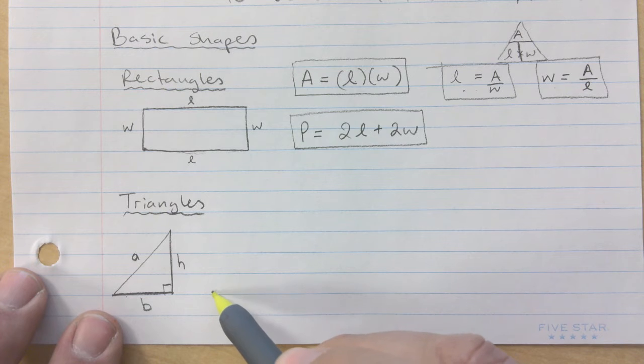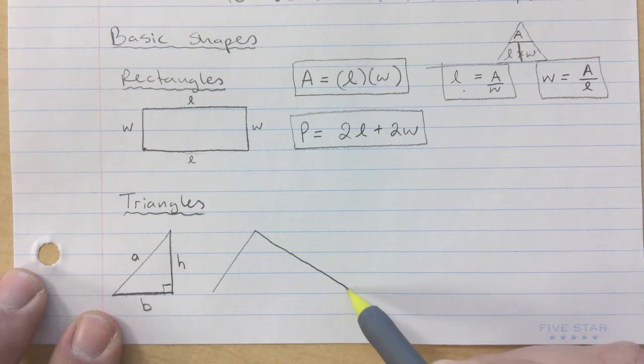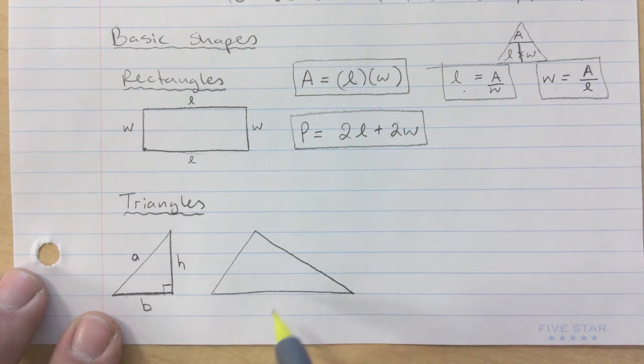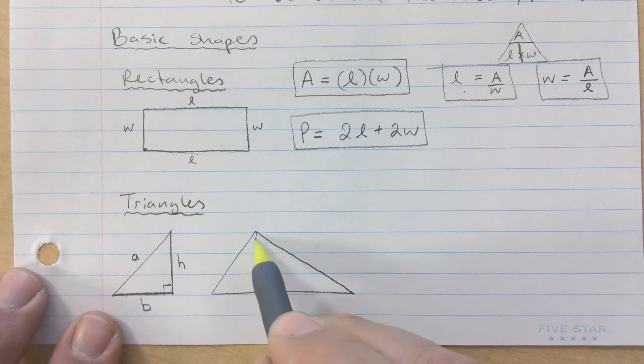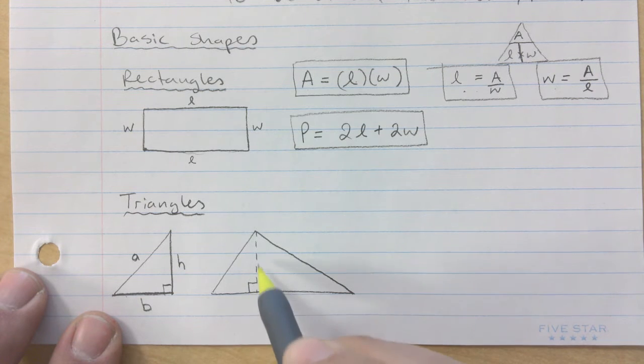And then you could have a triangle that looks more like this. Right? In this case, this is still your base. This is still your height, right?